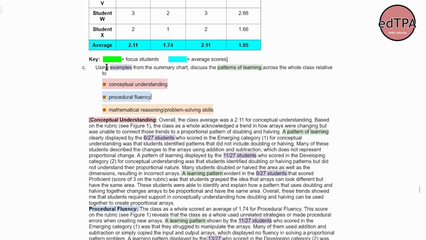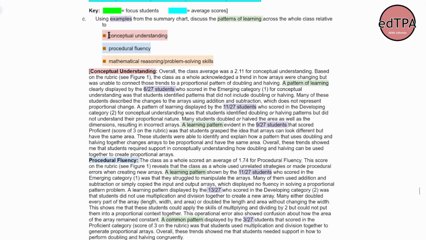So the next piece is using examples from the summary chart. You're looking for patterns of learning for these three. Everything's going to be referring back to the table up there, starting with a paragraph for each. This first paragraph is conceptual understanding, giving an overall case for the whole class, and then talking about patterns of learning for particular students.